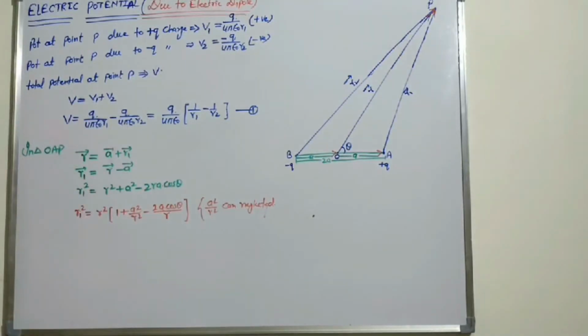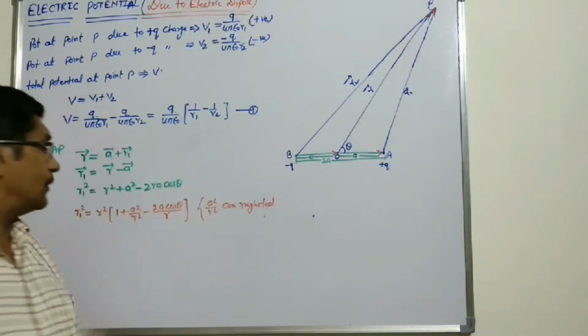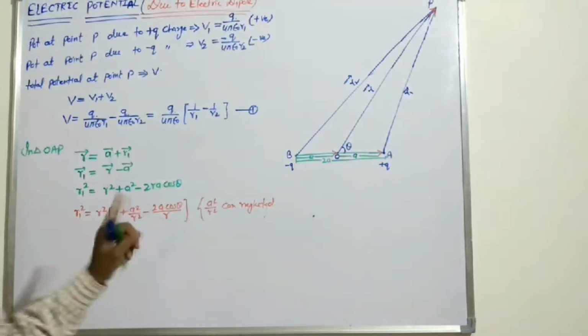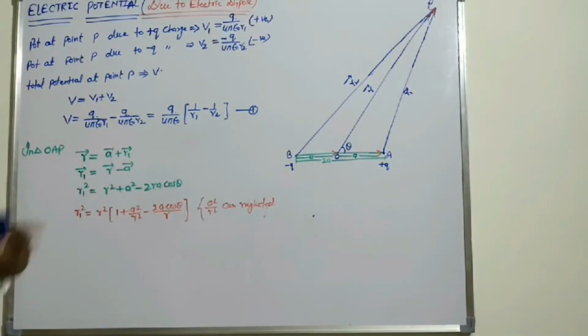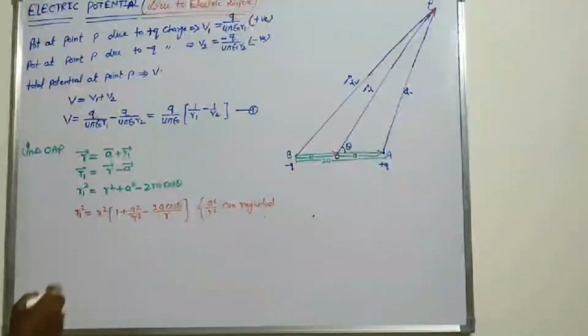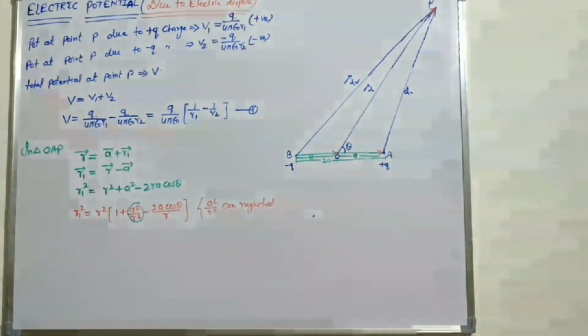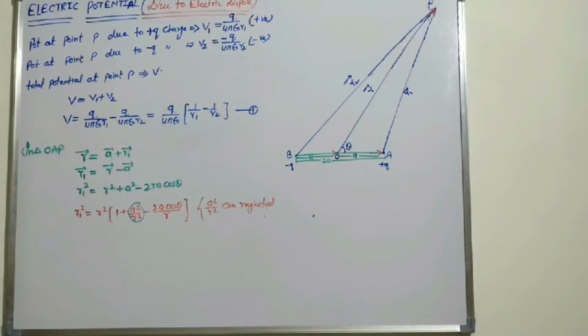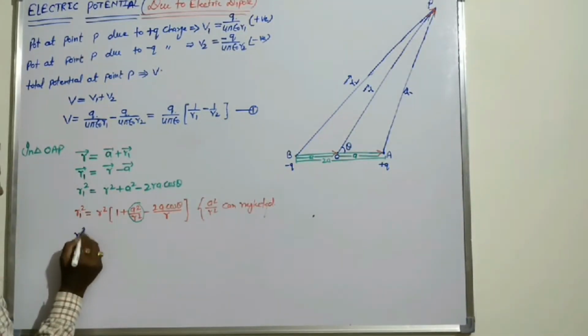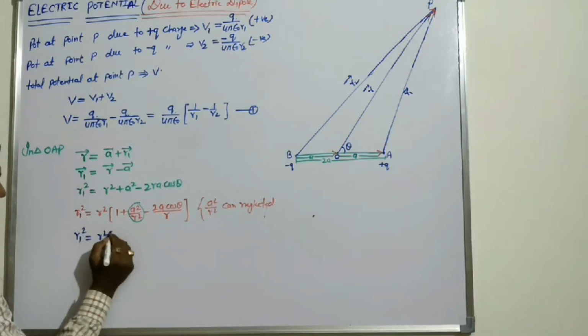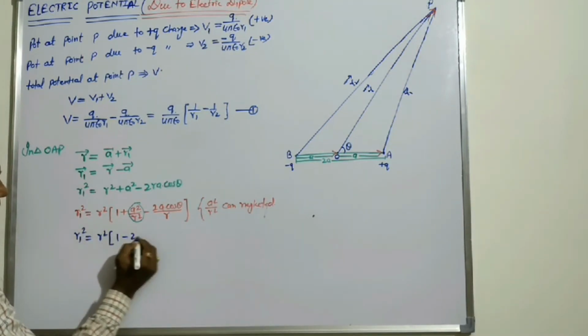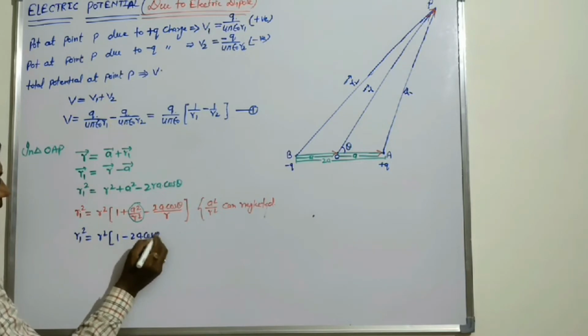Why it is neglected? Because A is very small, and square of the A is also very small. Therefore, this term can be neglected. So we can put here R1 square equals to R square times 1 minus 2A cos theta upon R.